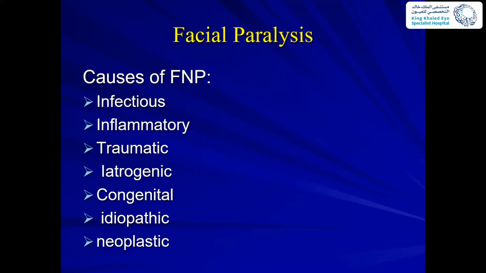It can be infectious, from herpetic infection, inflammatory, traumatic, iatrogenic from trauma during surgery in the parotid gland, for example, or middle ear, congenital, idiopathic, meaning unknown, and neoplastic. The most common cause of lower motor neuron facial palsy is Bell's palsy, which is not exactly well determined, but some hypotheses point toward possible herpetic infection.